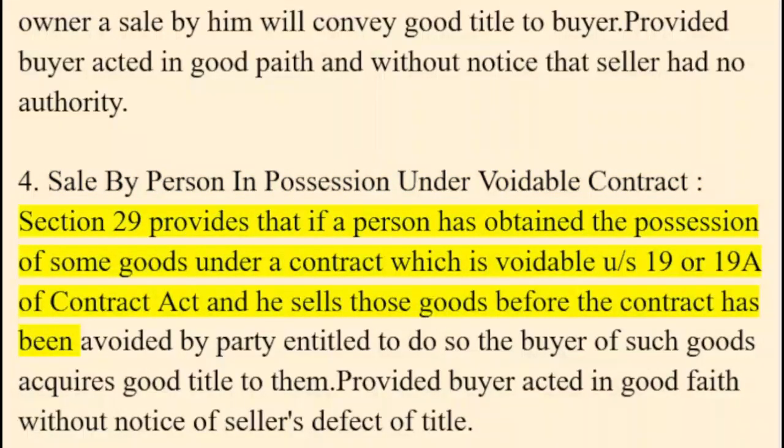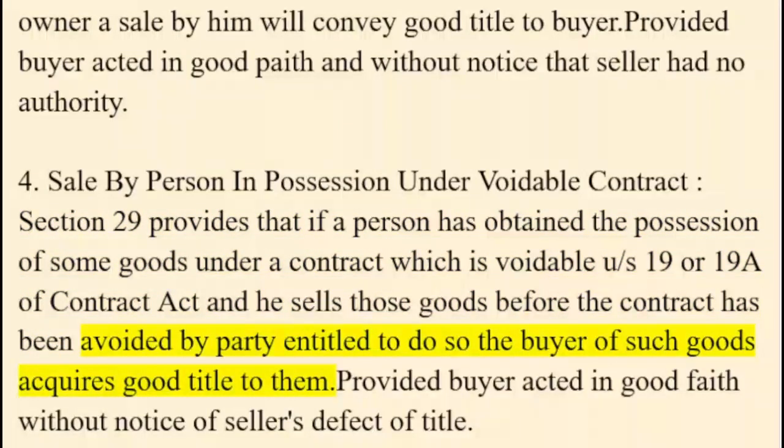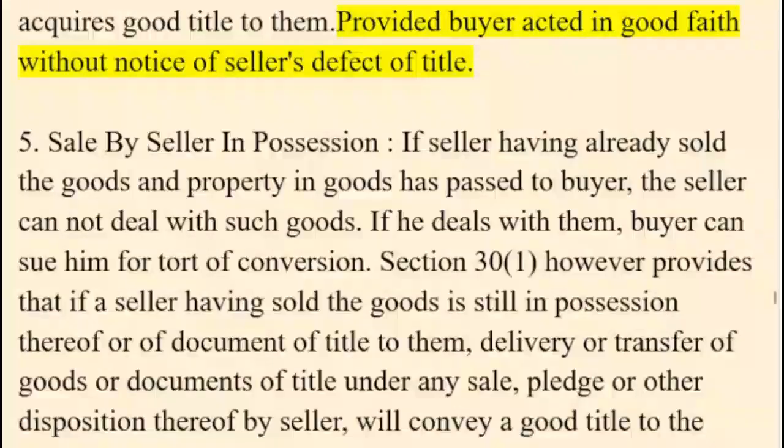Section 29 provides that if a person has obtained possession of some goods under a contract which is voidable under section 19 or 19A of the Contract Act, and he sells those goods before the contract has been avoided by the party entitled to do so, the buyer of such goods acquires good title to them, provided the buyer acted in good faith without notice of the seller's defect of title. 5.